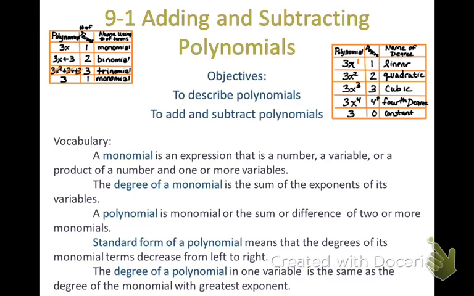And so the name of that polynomial is a linear polynomial. If you have an exponent of 2 on a variable, it is a 2 degree, and that's called a quadratic equation or polynomial. If you have an exponent of 3, the degree is 3, and it's called a cubic polynomial.